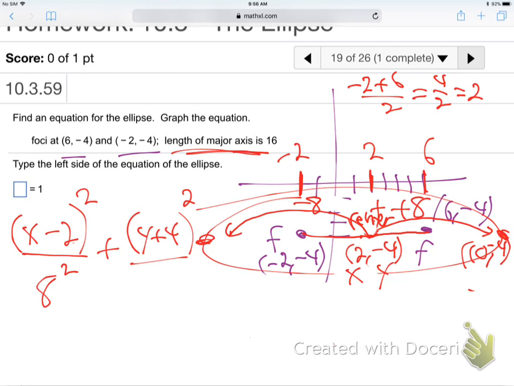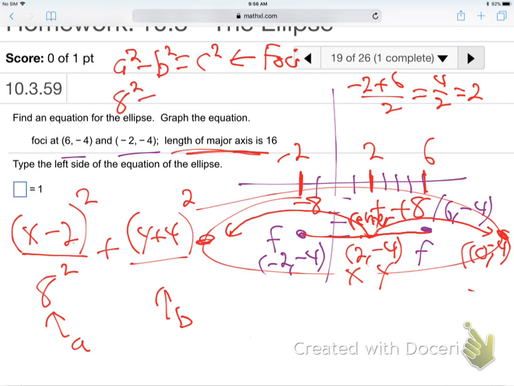But the y, now is this right here? Is the 8 the a or the b? It's the a because the a is the bigger one, and this is wider than it is tall. That's the a. So what I'm looking for is b. So in the focal equation, a squared minus b squared is c squared to find the foci. So what is c? I know a is 8, so a squared is 8 squared. I'm looking for b squared.